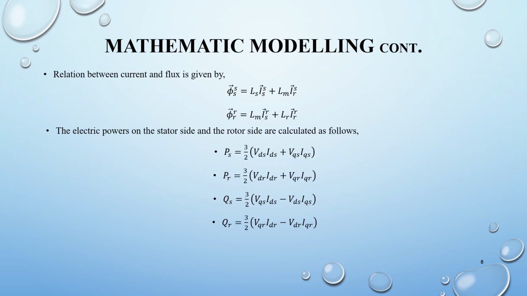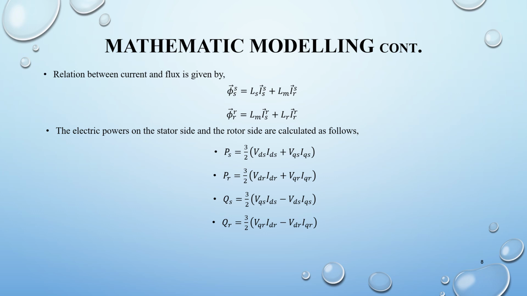The relationship between current and flux is given by vector phi ss is equal to Ls vector iss plus Lm into vector irs, and rotor flux vector phi rr is equal to Lm vector isr plus Lr into irr.